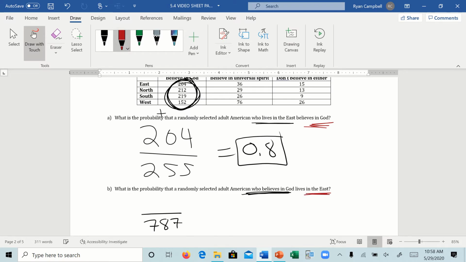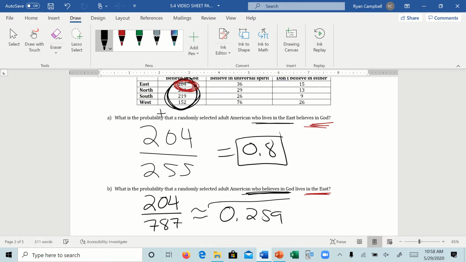Once again, we can see that the ones who believe in God living in the east are 204. So the top number is 204 out of 787. When we divide that out, we get about 0.259. That's our final answer.